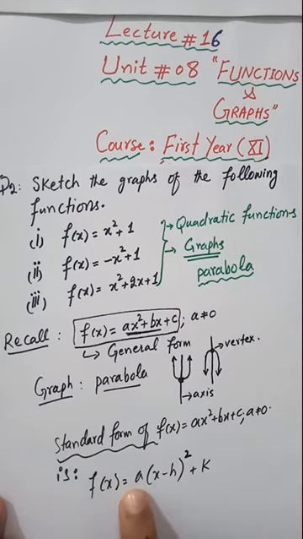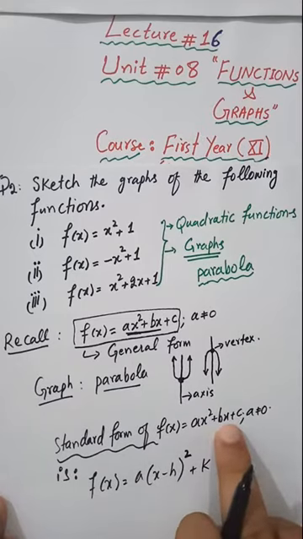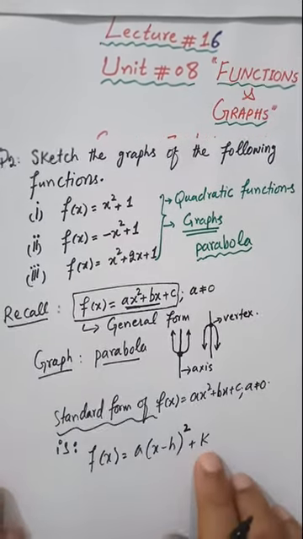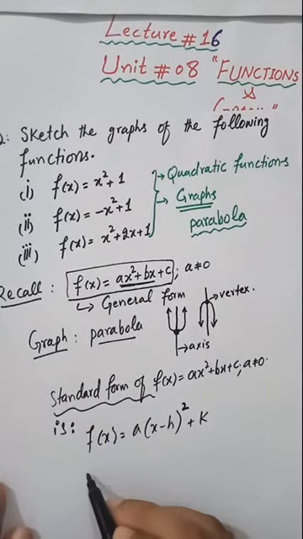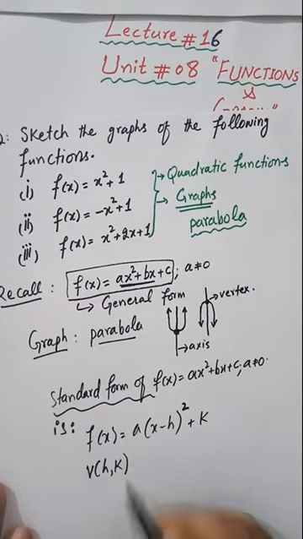A is known, that this is the coefficient of x square. X is the variable of the given quadratic function given in the general form. What is h and what is k? This h and k are actually the coordinates of the vertex.